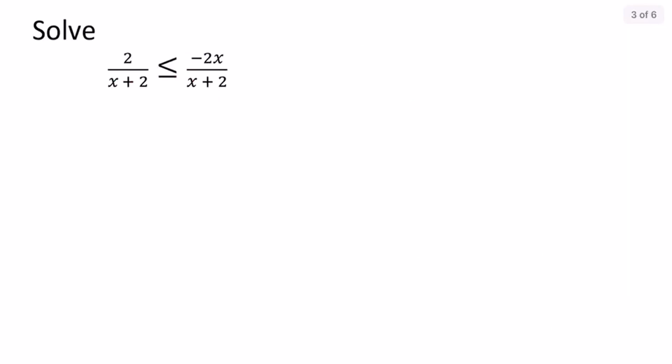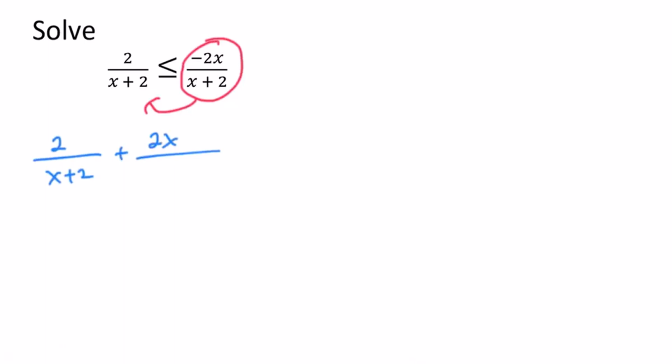Solve 2 over x plus 2 is less than or equal to -2x over x plus 2. So here we want 0 on one side, the rest to the other side. So let's add this fraction over. So we have 2 over x plus 2 plus 2x over x plus 2 is less than or equal to 0.